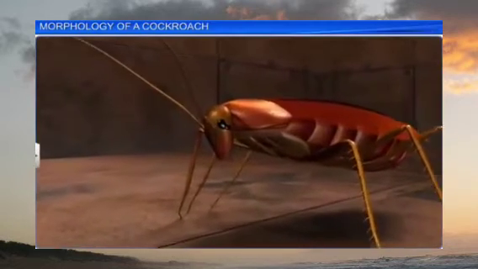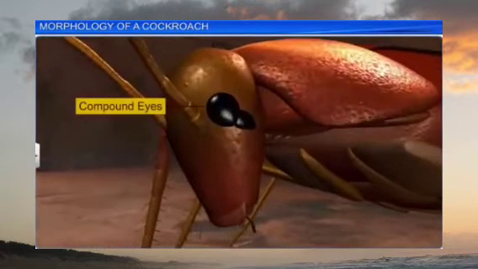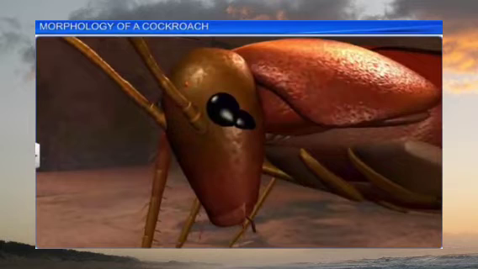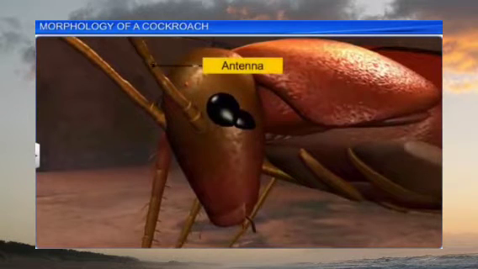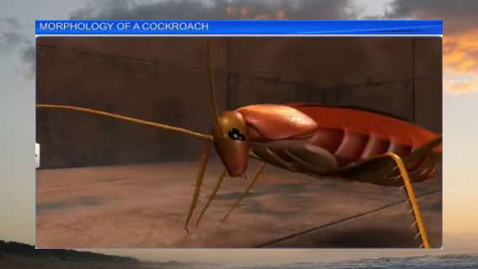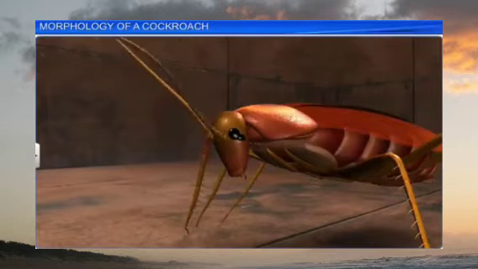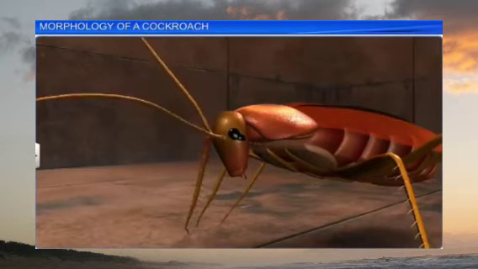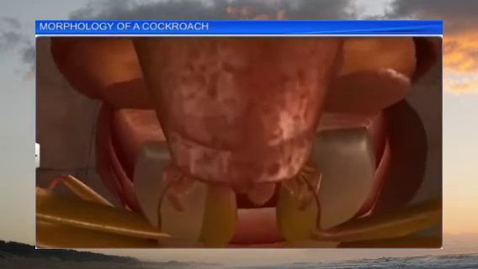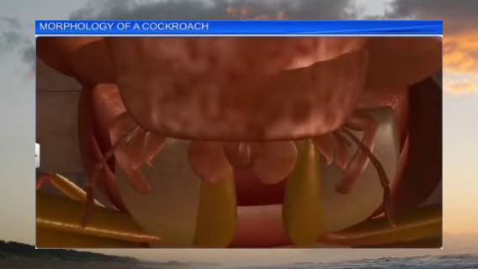This capsule bears a pair of large, compound eyes. It also bears a pair of long, slender antennae that arise from 2 membranous sockets. These antennae have sensory receptors which help monitor the surroundings. The anterior end of the head bears mouth parts, which are of biting and chewing type.